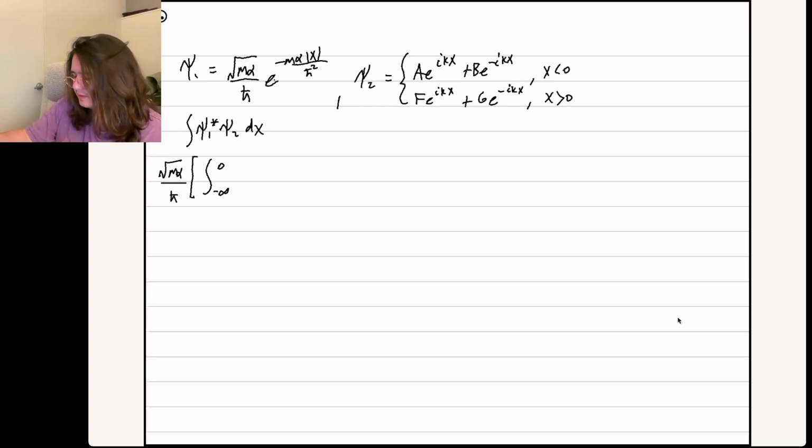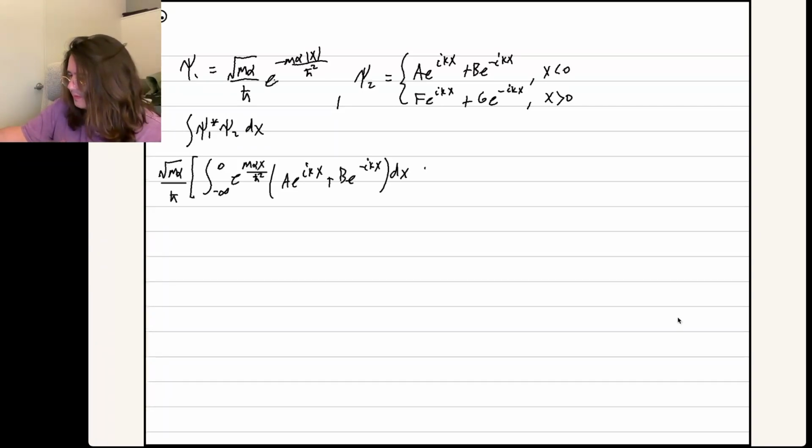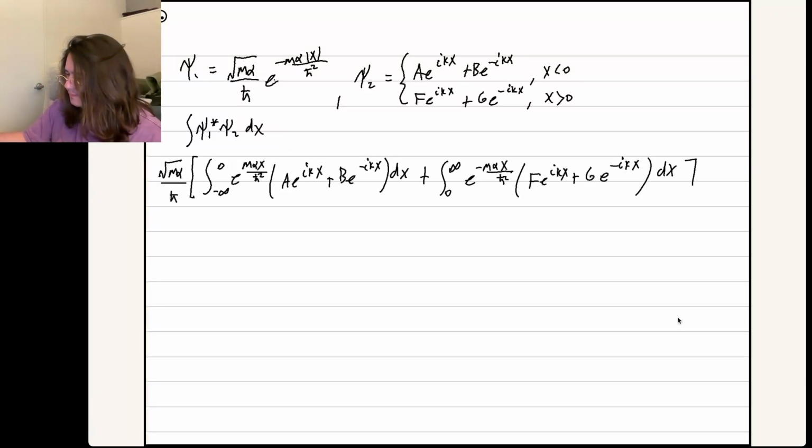We got minus infinity to 0, e to the m alpha x over h bar squared times a e to the I k x plus b e to the minus I k x dx, plus the positive stuff, so 0 to infinity, e to the minus m alpha x over h bar squared, f e to the I k x plus g e to the minus I k x dx.